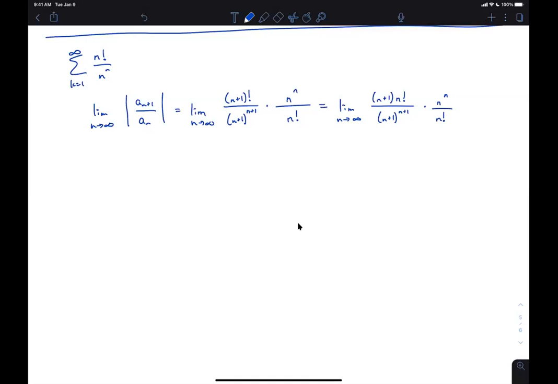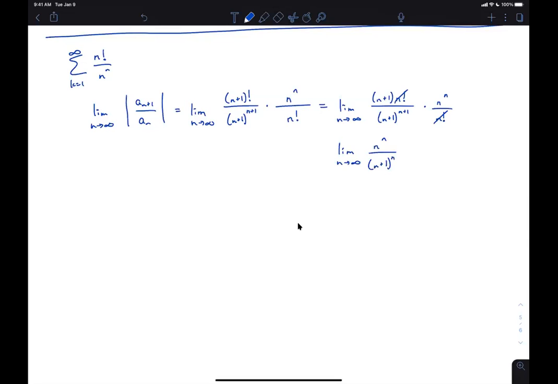All right, any questions to there? You guys good? Okay, so we can get the n factorials to cancel. And then we can cancel the n+1 on top with one of the n+1s on bottom. So we get the limit as n approaches infinity of n to the n over (n+1) to the n.